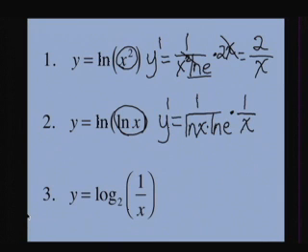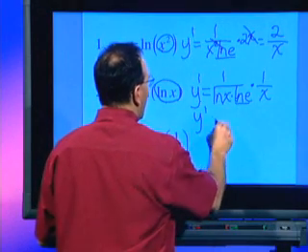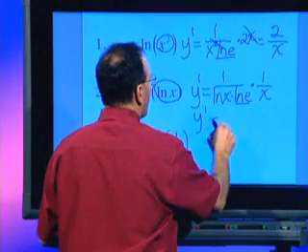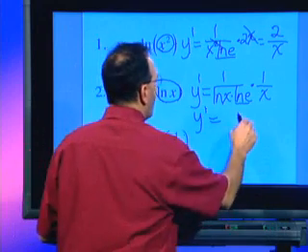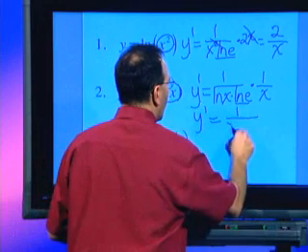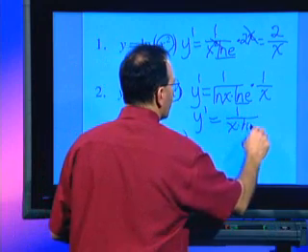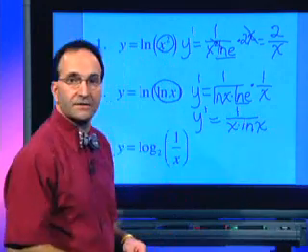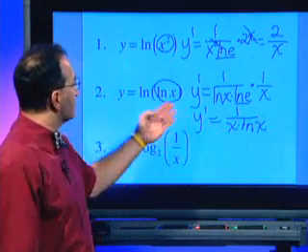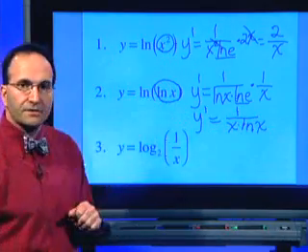Again, the natural log of e makes this 1, so this derivative will be equal to 1 over x times the natural log of x. So that's our derivative of log log x.